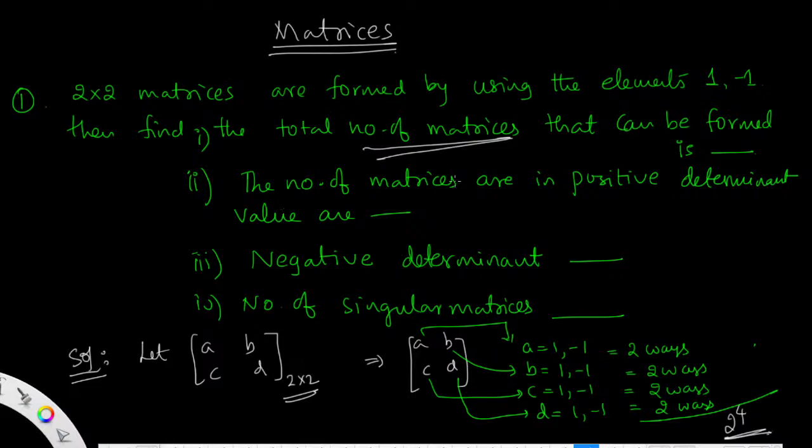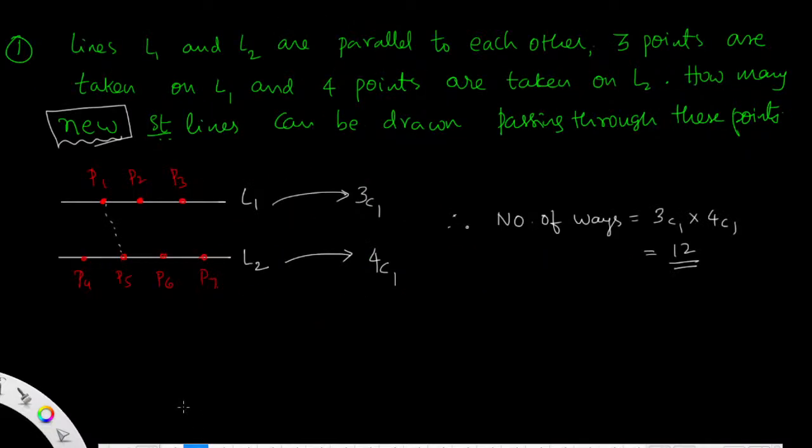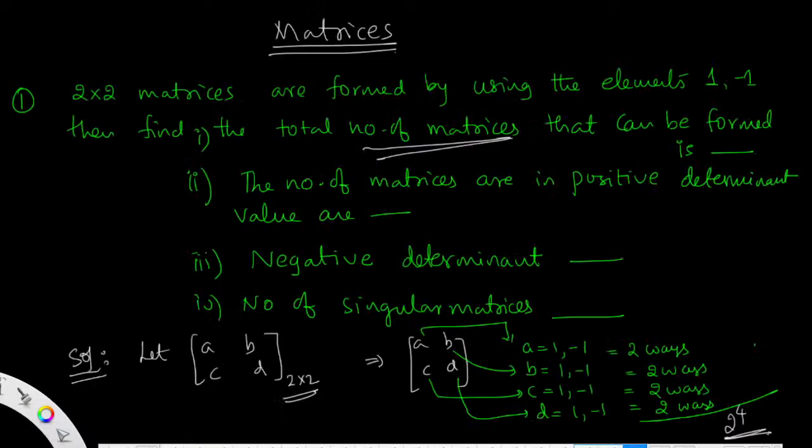The number of matrices with positive determinant value is dash. What is the determinant of the matrix? If A equals the matrix with entries A, B, C, D, the determinant is denoted det A, which is AD minus BC. The question is how many matrices have positive determinant value.